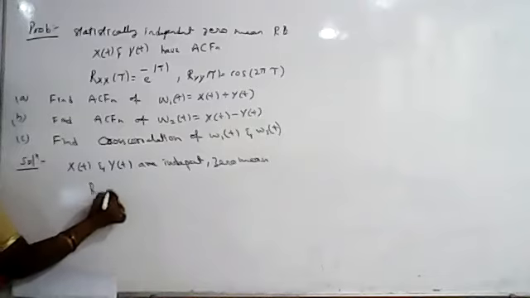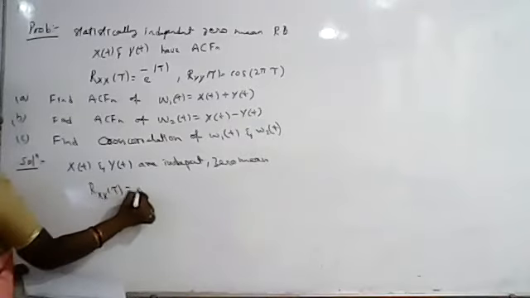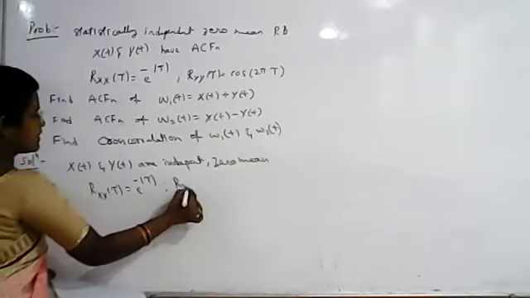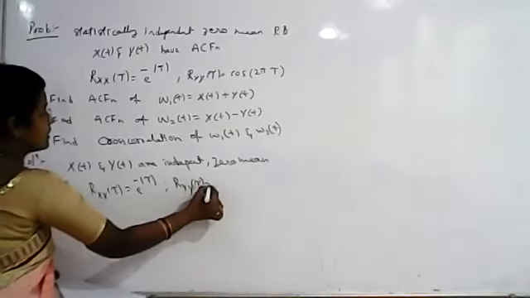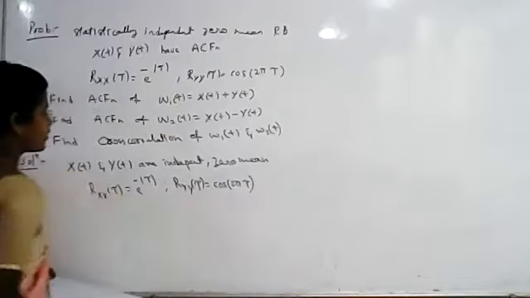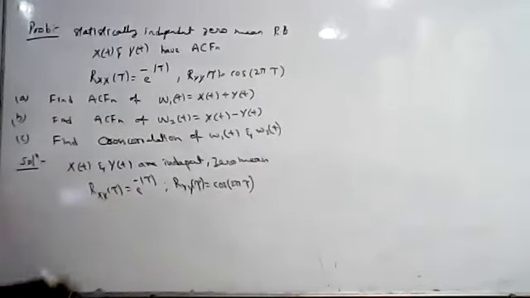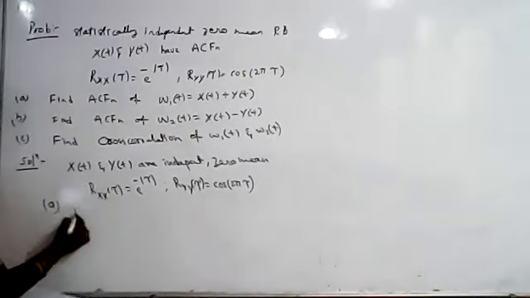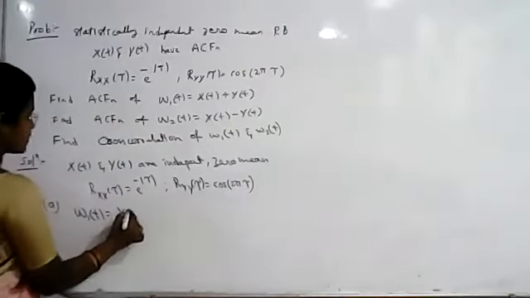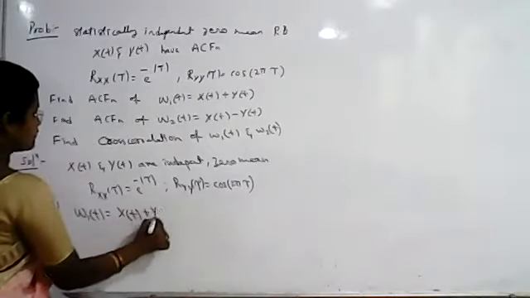Rxx of tau is given as this, and Ryy of tau is given as cos of 2 pi tau. In the first part, omega 1 of t is equal to x of t plus y of t.